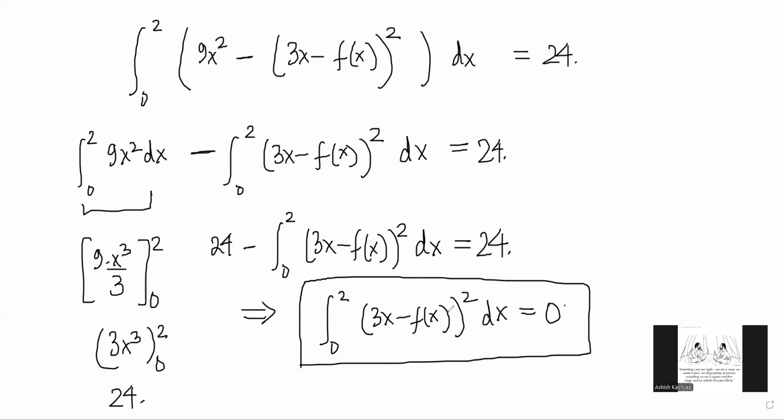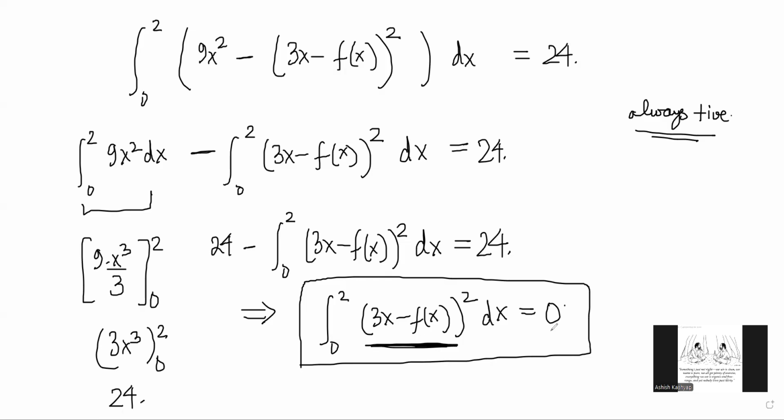So this is the conclusion that I am getting. Now think about it. How is the area under a function going to be 0? You can see here, this part of the function is a perfect square, so it is always positive. So the area should have come out as positive, right?